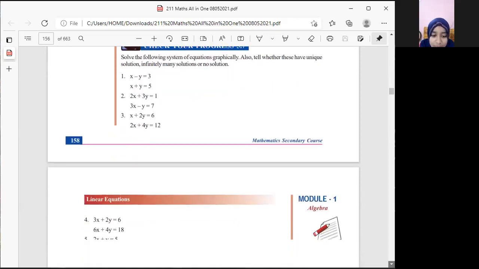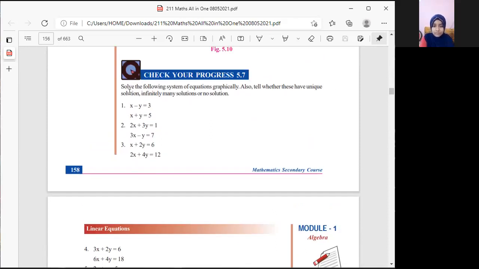Yes, teacher. Now solve the following system of equations graphically. Also tell whether they will have a unique solution, infinitely many solutions, or no solutions.